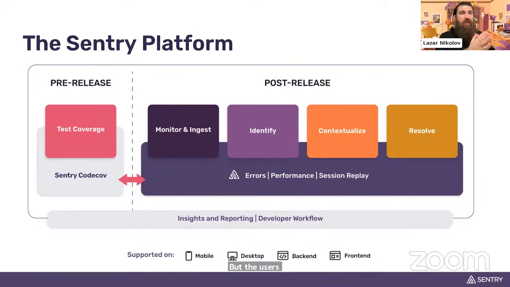So you need field data. That is called lab data. You need field data. To get field data, or RUM data, you need something like Sentry. So yeah, Sentry lives in post-release.